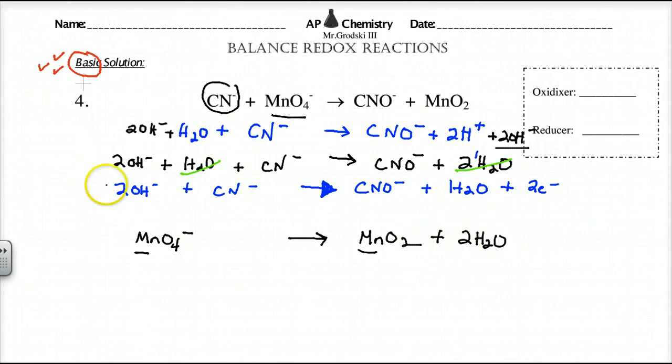However, now I have 4 protons that go on this side. And if I was balancing in an acidic environment, I would stop here and balance my total charge with electrons and move on. But I do not, because I have to add how many hydroxides to neutralize?